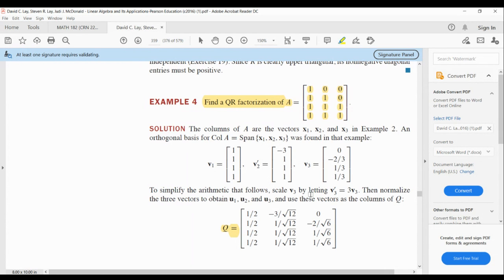And for v3 prime, we had 0, -2, 1, and 1, and it's much easier to get that third column in the matrix Q if you have integers for your third vector. But are you okay with the matrix Q? Are you all right with the matrix Q there?